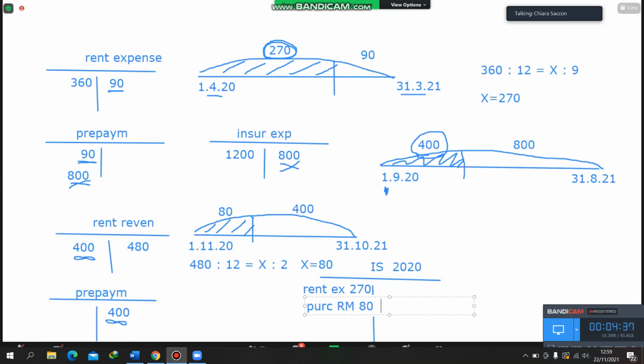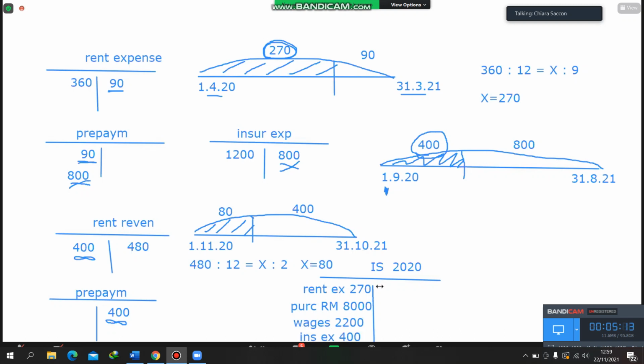Please tell me if I'm wrong, if I'm making some mistakes, because I'm going through the exercise. Then wages, $2,200. Then the insurance expense, adjusted as the rent expense before. Insurance expense, the amount is 400.